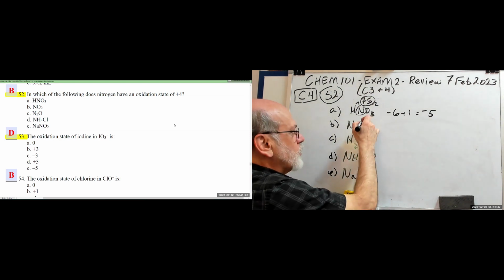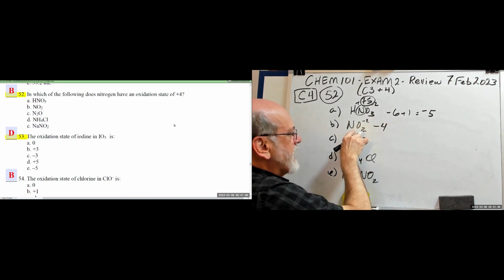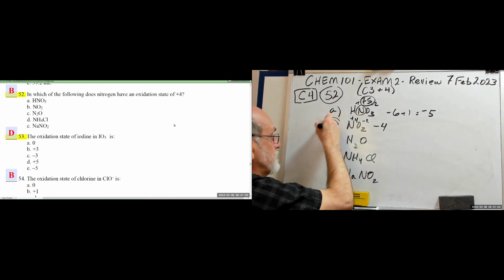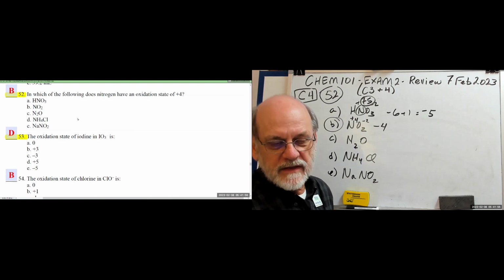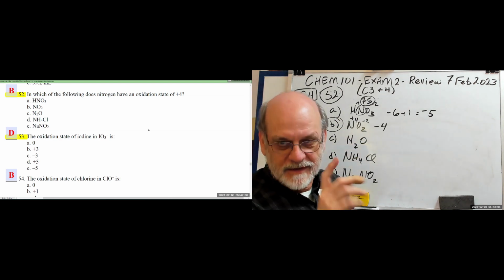NO2: with -2 for the oxygen, we have a -4 that has to be balanced by a +4. Yes, that's our answer, right? We don't have any "two of the above" or "none of the above." So we found our answer. You can do all the rest of them if you want, but if you're in a hurry in an exam, that's where you stop.